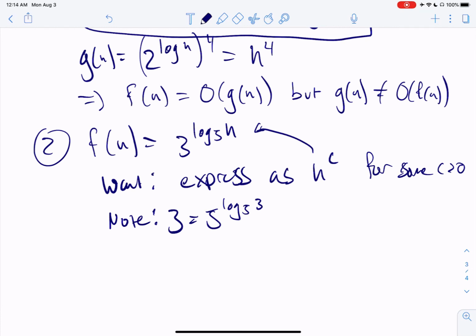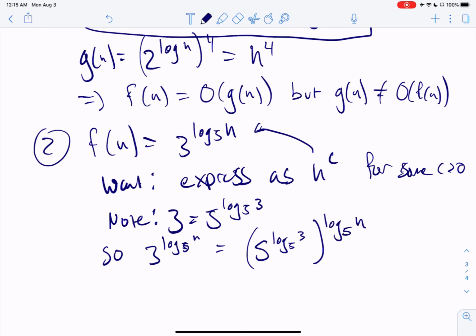So we can use this to observe that 3 to the log base 5 of n equals 5 to the log base 5 of 3, all to the log base 5 of n. I'm just replacing what 3 was before.